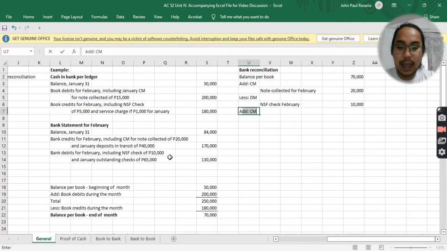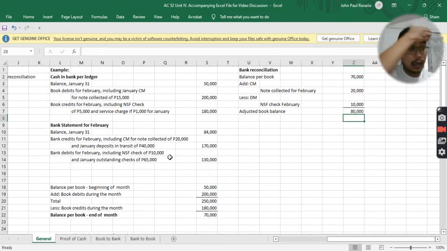So we now have our adjusted cash balance, or adjusted book balance, amounting to 70 plus 20 less 10, which is 80,000. And then let's try if we can reconcile it with our bank.